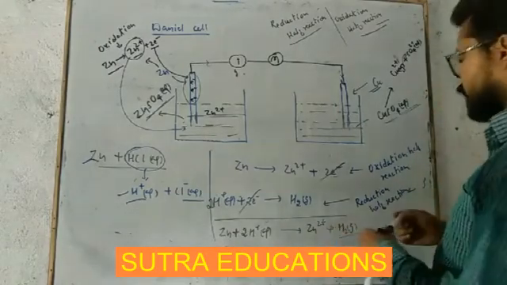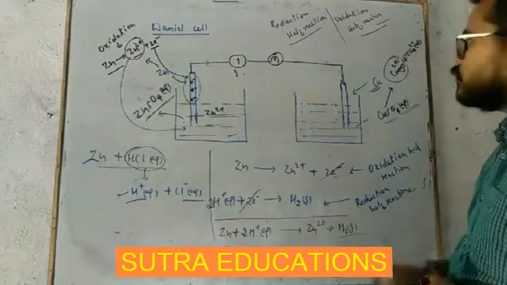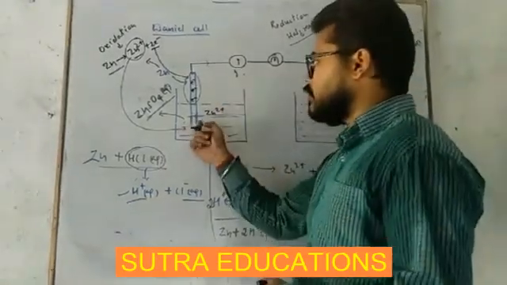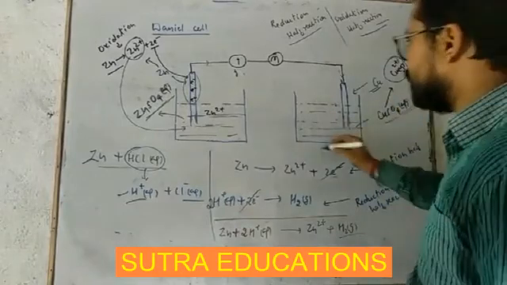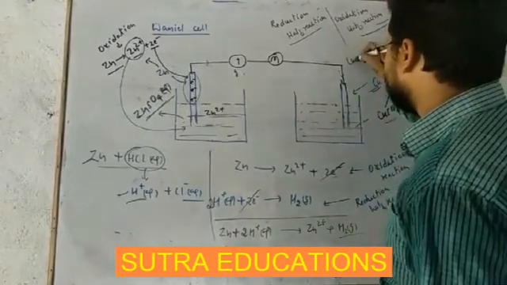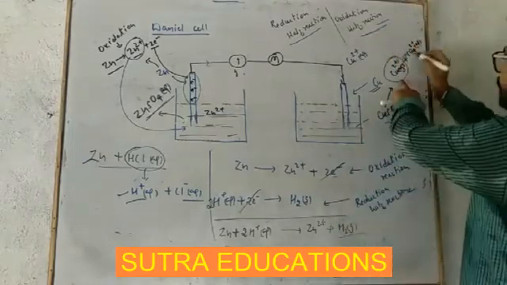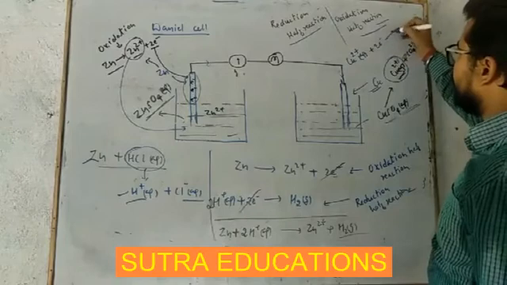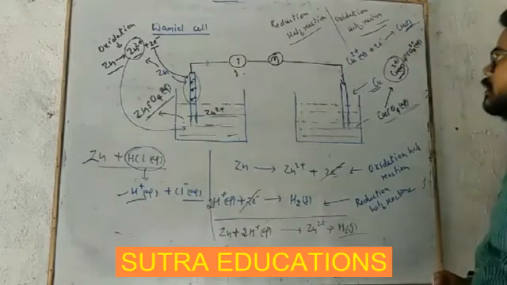Here it is having copper 2+ aqueous. So these electrons which are coming from this container will be accepted by Cu2+ aqueous, and it will form copper. So what will happen?